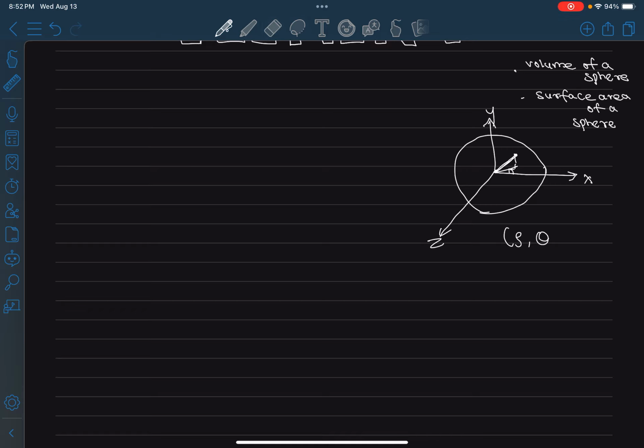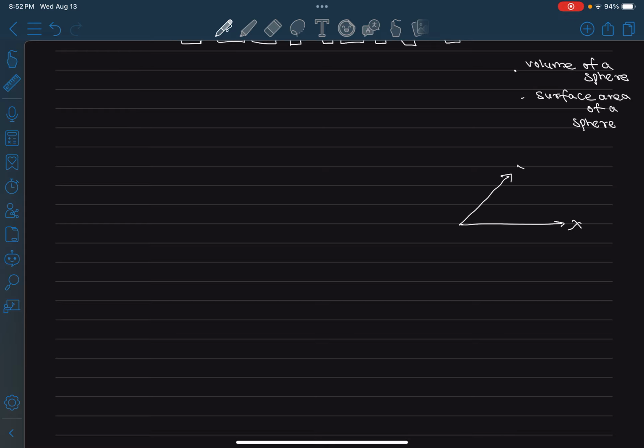Okay, wait, let me redraw the figure the way I want to draw it. So I want to draw it like this: x, y, and z. So let's say over here, and then there's this sphere, right?